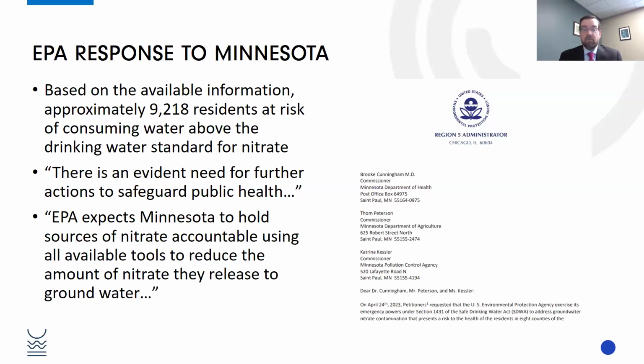It also determined that there was need for further action, so the state was not doing enough, and it required Minnesota agencies through this letter shown on the right to start taking action. And EPA would ensure that the Minnesota agencies were being held accountable in addressing the nitrate pollution in southeast Minnesota.